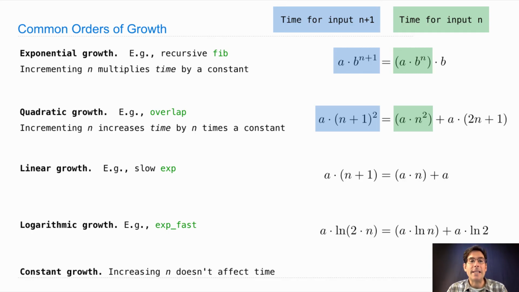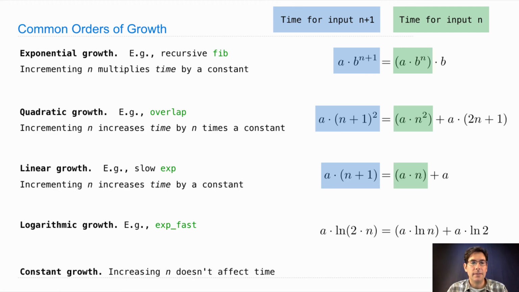So incrementing n increases time by n times a constant. Linear growth for a problem of size n plus 1 requires n plus 1 times some a steps, which, compared to solving the same problem for size n, is just an additive factor that doesn't depend on n. Incrementing n increases time by a constant.